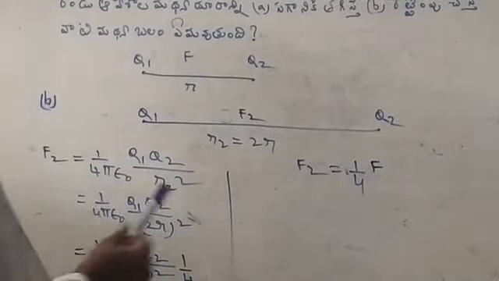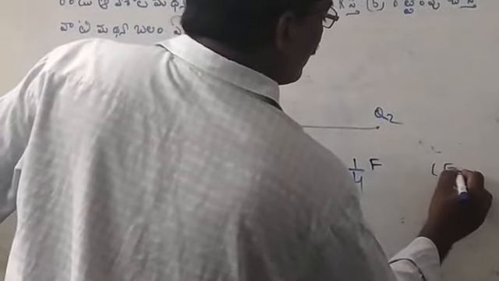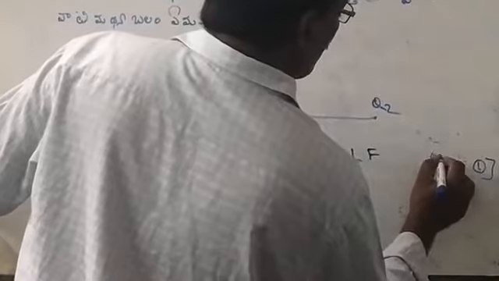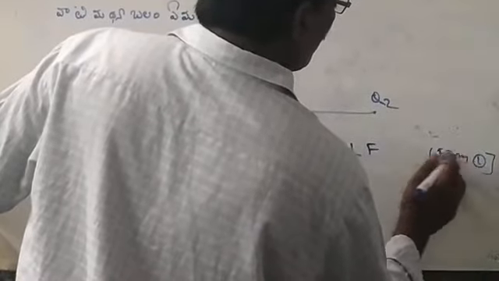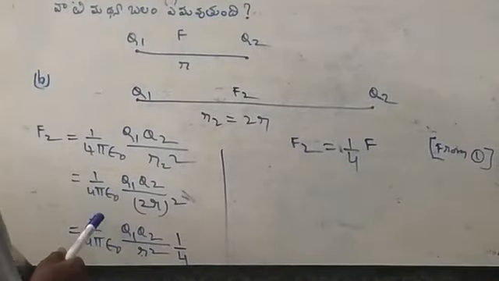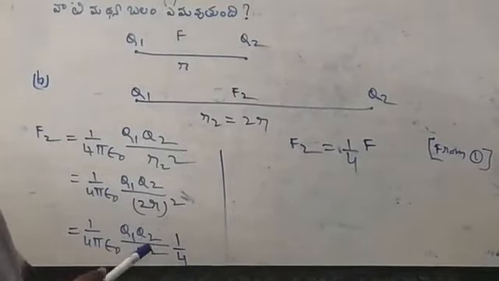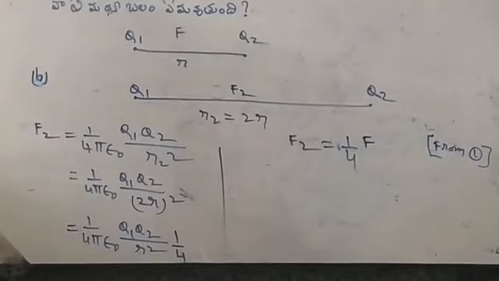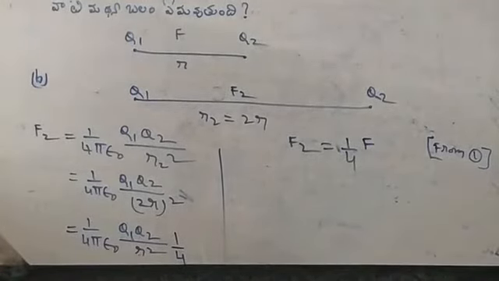From equation number 1, this value is equal to F. That means 1 by 4 into F. Therefore, F2 is equal to 1 by 4 into F.